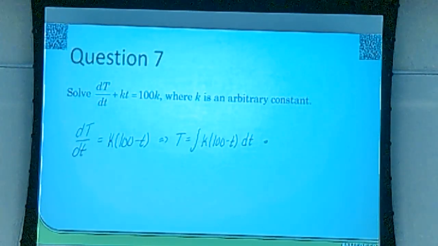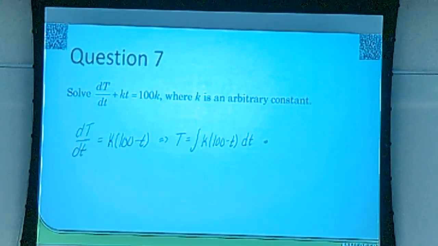What is that antiderivative? Did you pull out the K first, or did you distribute it first?